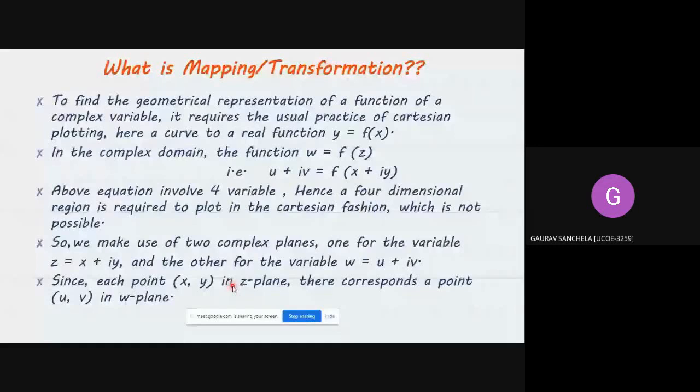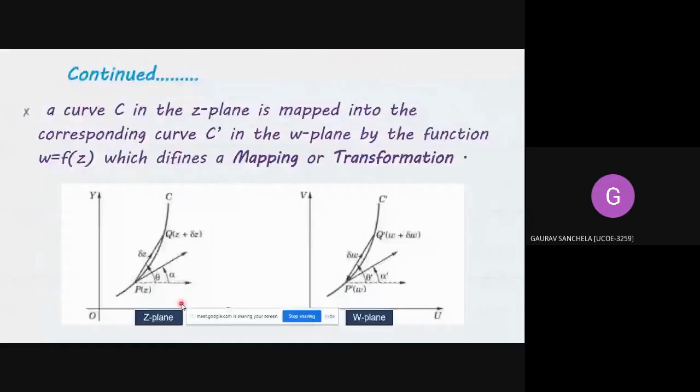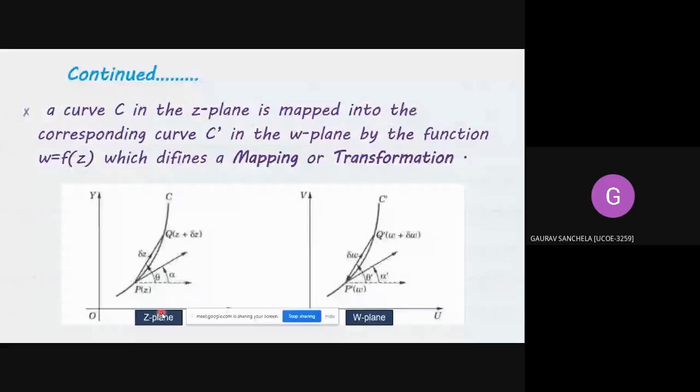So a curve C in the z plane is mapped into a corresponding curve C dash in the w plane by a function f of z, which defines the mapping or transformation. In simple words, the curve C in the z plane is mapped into the w plane as C dash.